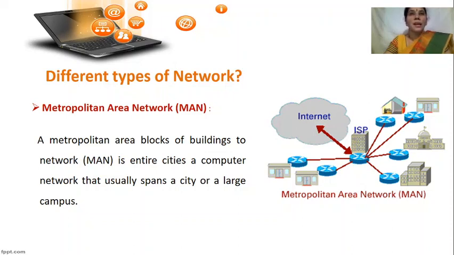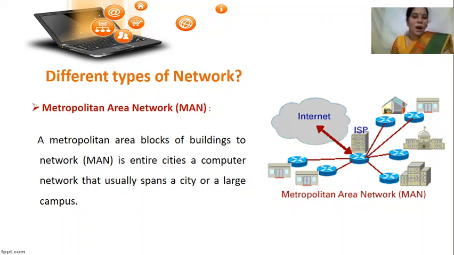We can name some of the main internet service providers used nowadays: BSNL, Airtel, Jio, Act and many more. These are the internet service providers which provide internet to our systems.